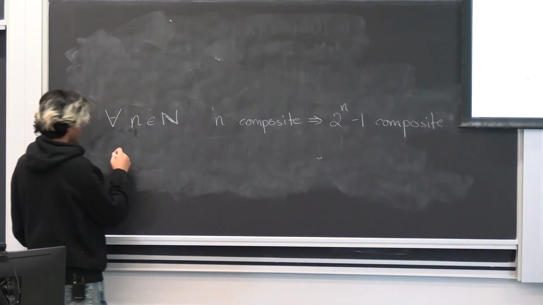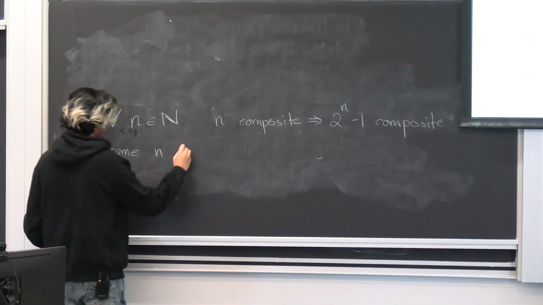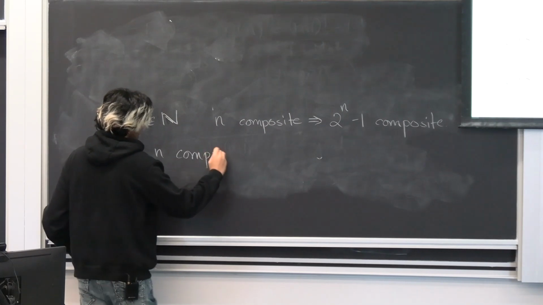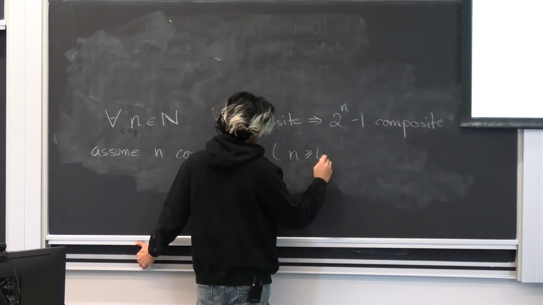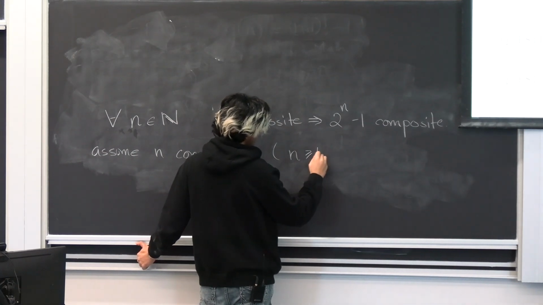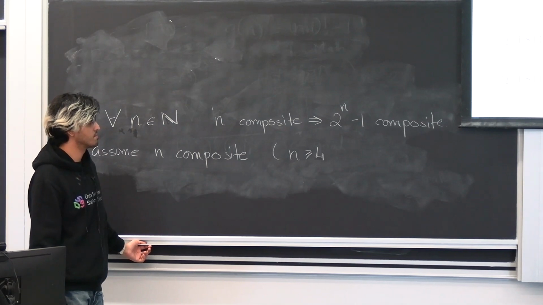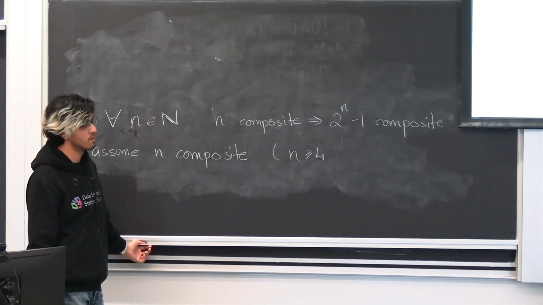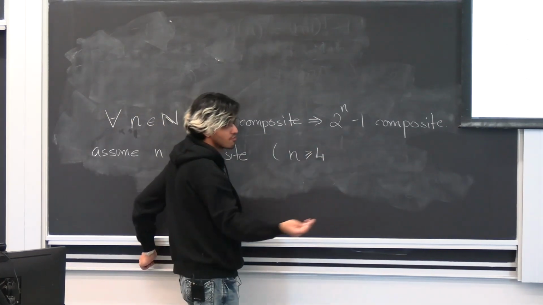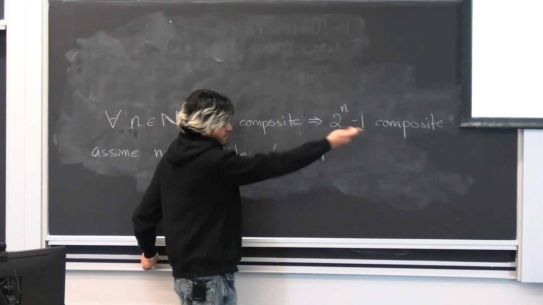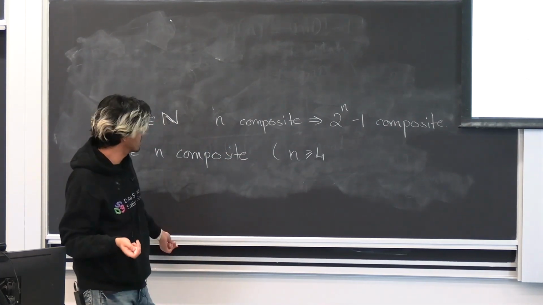So n being composite, assume n is composite. So it means a few things. It means n is greater than or equal to 4. If you consider 1 to be a composite, then you'd have to show this separately. But what's 2 to the power 1 minus 1? It's just 1 again. So if 1 is composite, it's a useless statement.